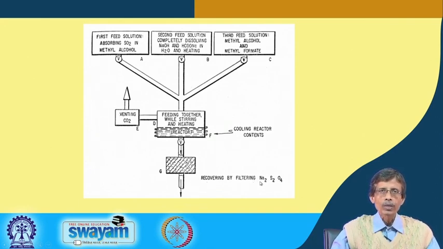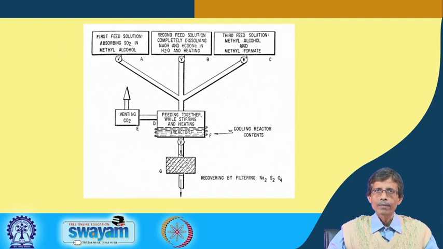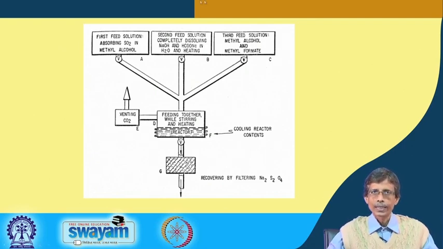So, a saturated solution of your sodium dithionite can be in your hand, and that particular solution can be evaporated in an open basin or by some other technique for crystallization. Crystallization of that saturated solution will give you good quality crystals of sodium dithionite, because it has a very good crystalline nature in the solid state.